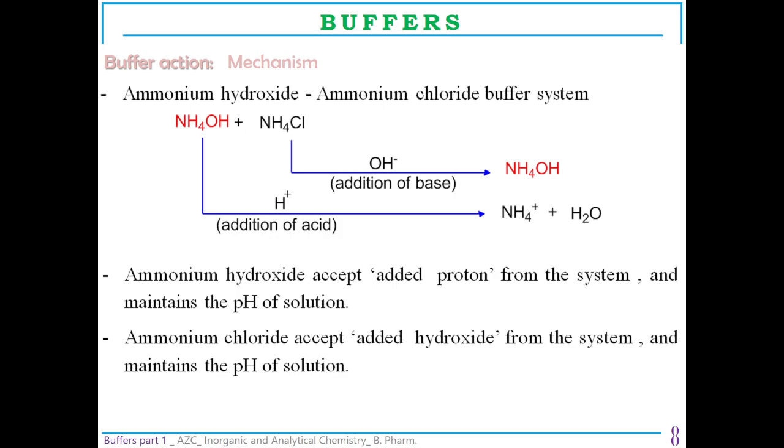Let's see example of basic buffer system. Ammonium hydroxide, ammonium chloride buffer system. Ammonium hydroxide accepts added proton from the system and maintains the pH of solution, while ammonium chloride accepts added hydroxide from the system and maintains the pH of solution.